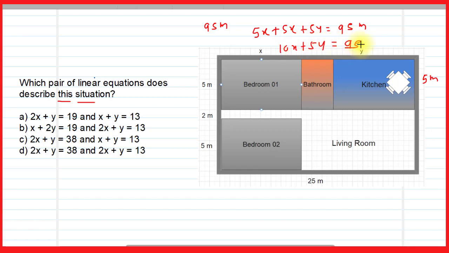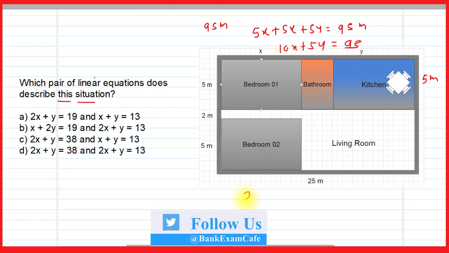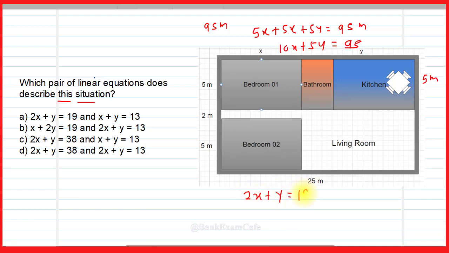If you take out 5 as a common factor and divide by 5 throughout the equation, you will get 2x plus y is equal to 19. So this is equation number 1 we are getting.